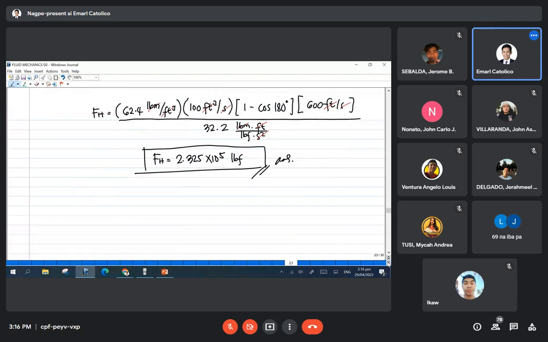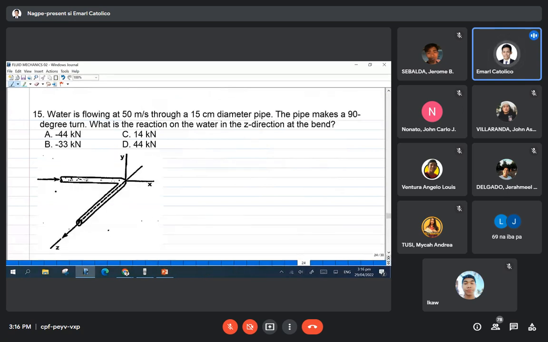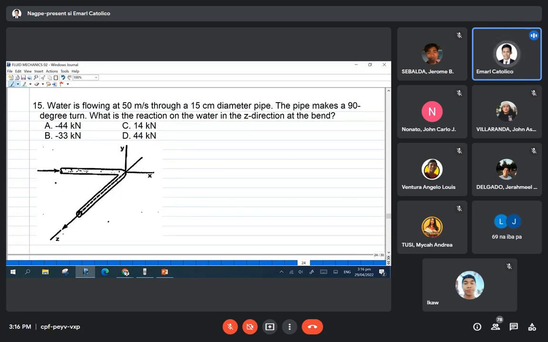14. So, next item. 15. May picture na naman. Okay, so number 15: water is flowing at 50 meters per second through a 15 cm diameter pipe. The pipe makes a 90-degree turn. What is the reaction on the water in the C direction at the bend? Okay, so meron tayong tubig. Initial condition, D1 natin, nagfo-flow siya at 50 meters per second.